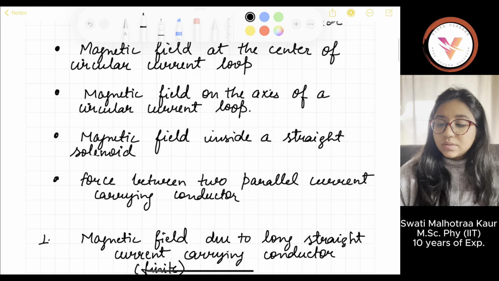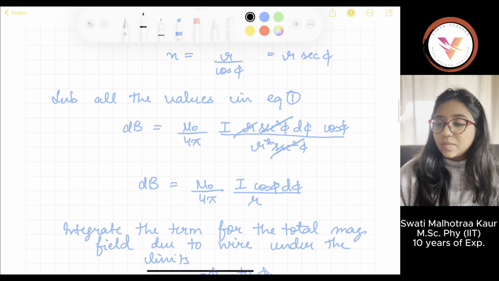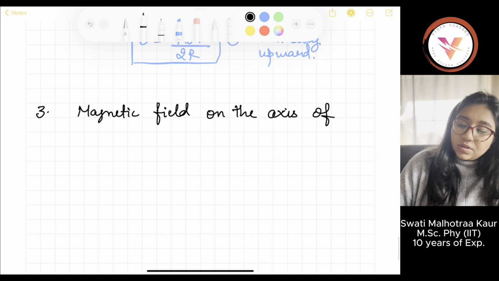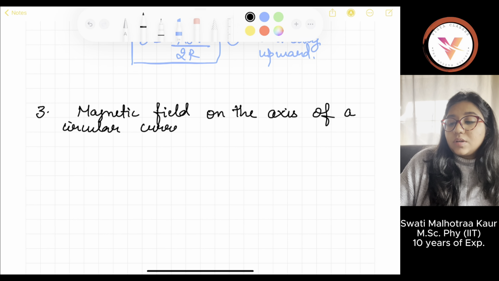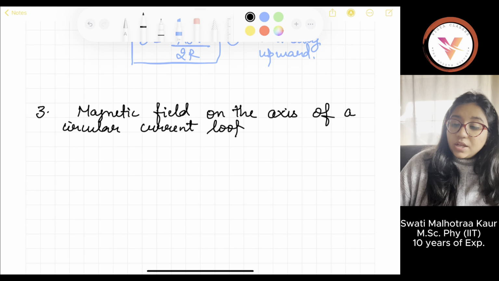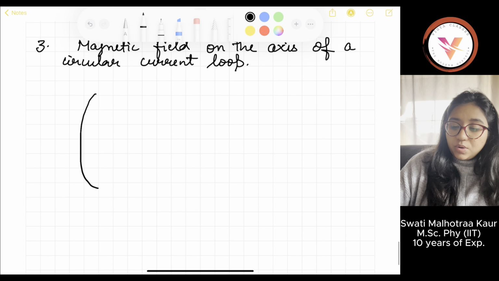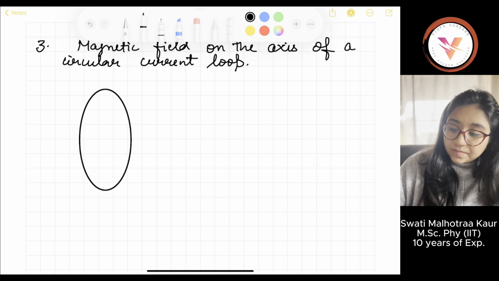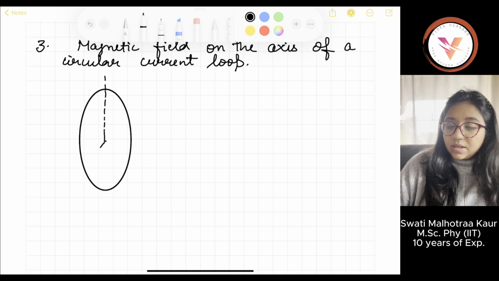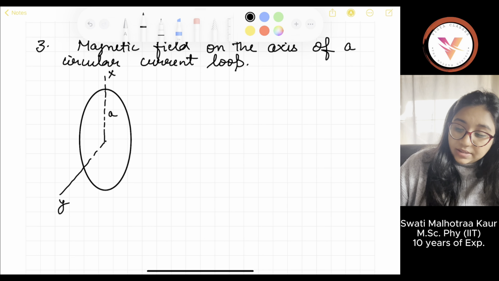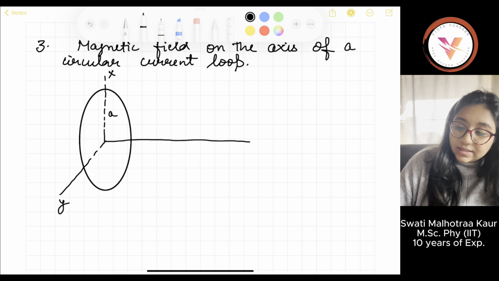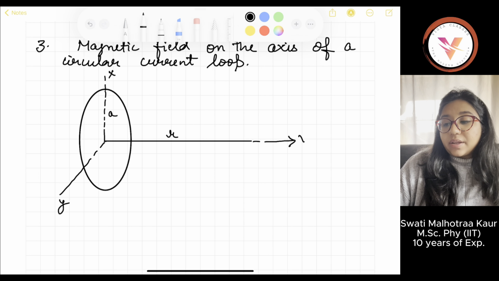Now you have this current loop, and it is placed in the xy plane. This is x, this is y. It has a radius of a, and at a distance of r on the z axis you have to find the magnetic field.